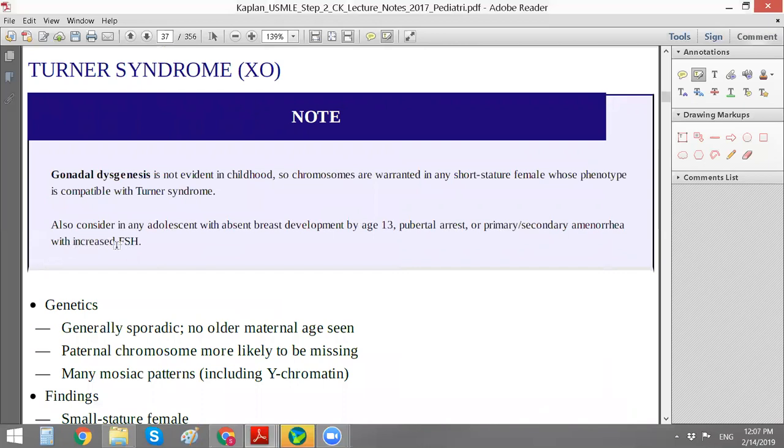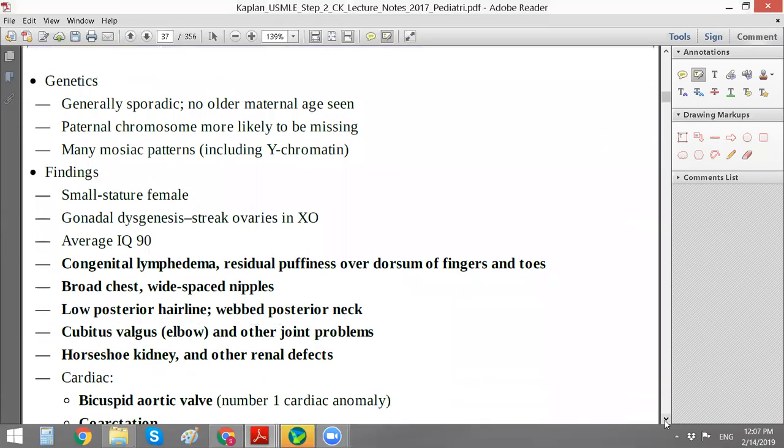Then genetics: sporadic, no older maternal age, the paternal chromosome is more likely to be missing. Many mosaic patterns including Y chromatin. And then short stature, female, congenital dysgenesis.